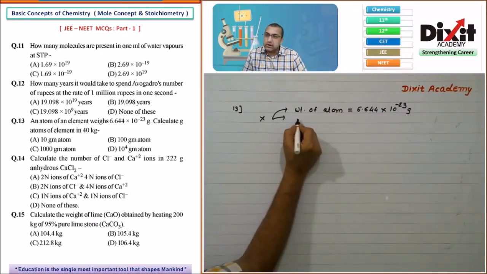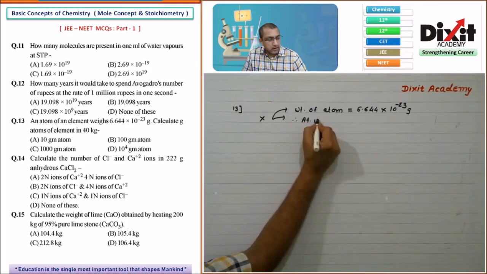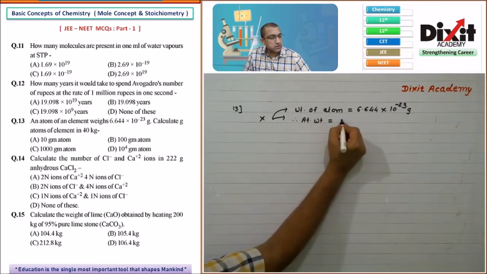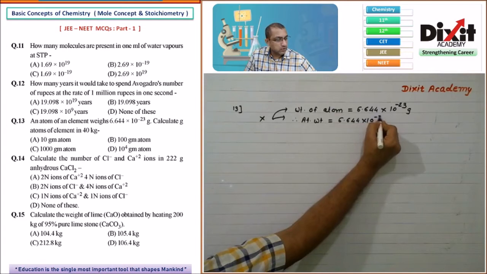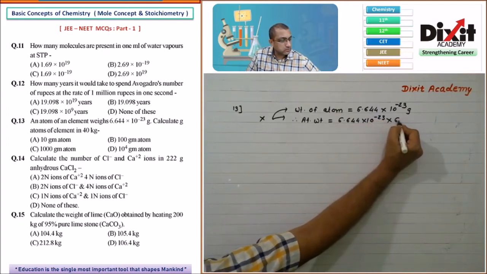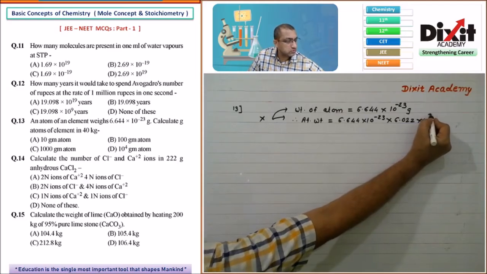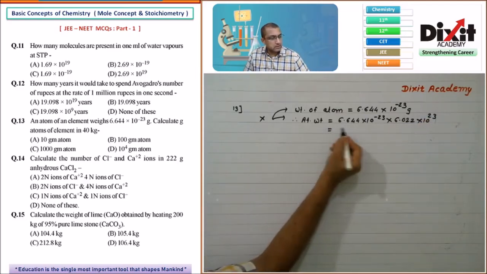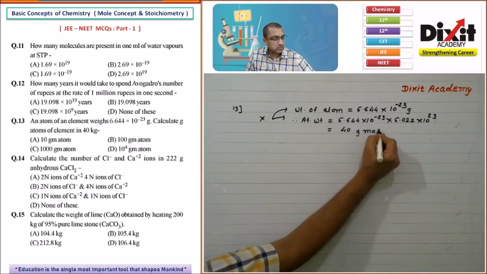Now let us calculate weight of Avogadro number of atoms. Atomic weight is equal to weight of Avogadro number of atoms, that is 6.644 into 10 raised to minus 23 into 6.022 into 10 raised to 23. So atomic weight is 40 gram per mole.